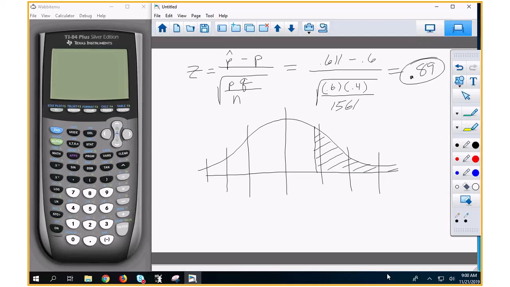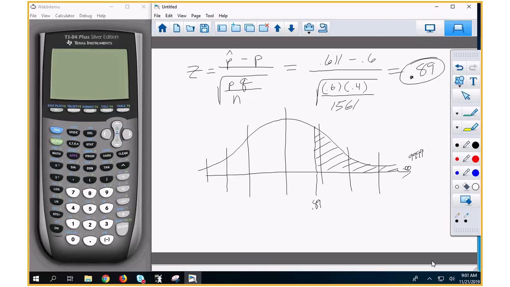Somebody take your handy calculator and go from 0.89 to, what's this arrowhead called over here? Infinity, which is 9999. See what you get. Is it normal CDF or normal PDF?